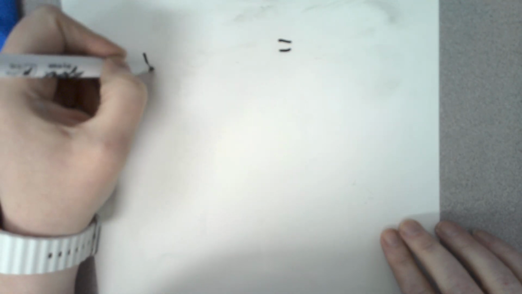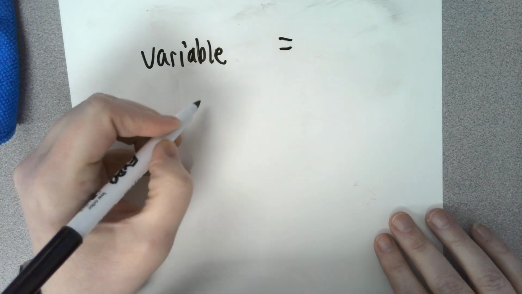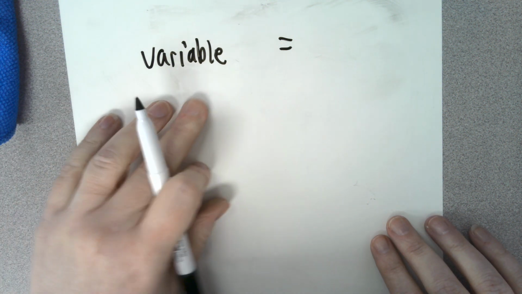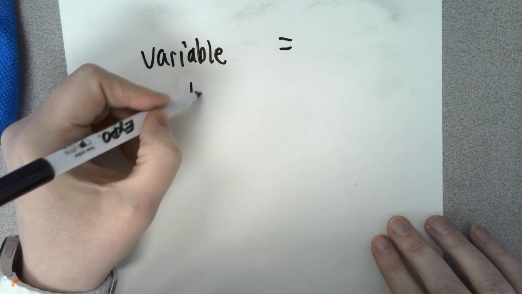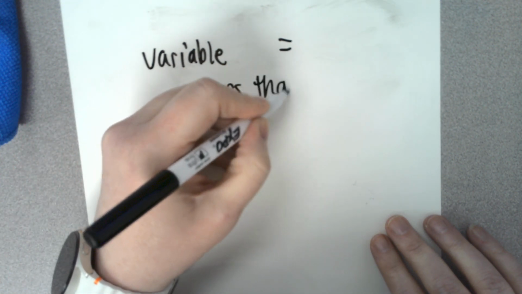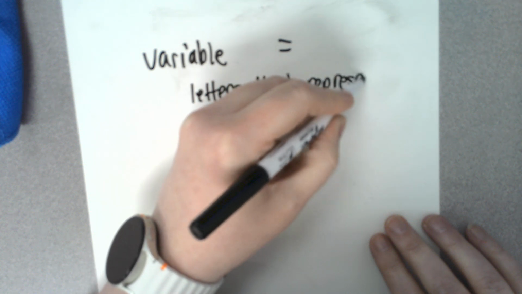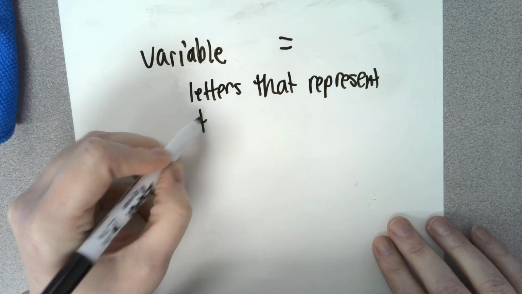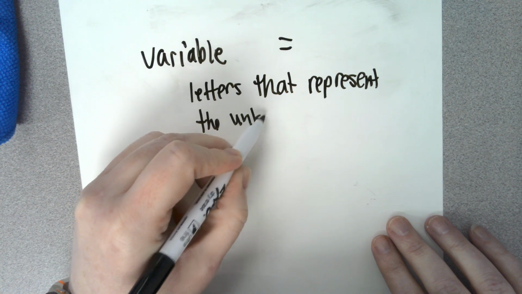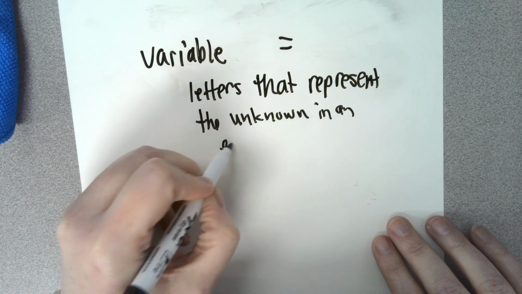So other things about equations, they have an equal sign and they have a variable. Variables are just letters that represent the unknown in an equation.